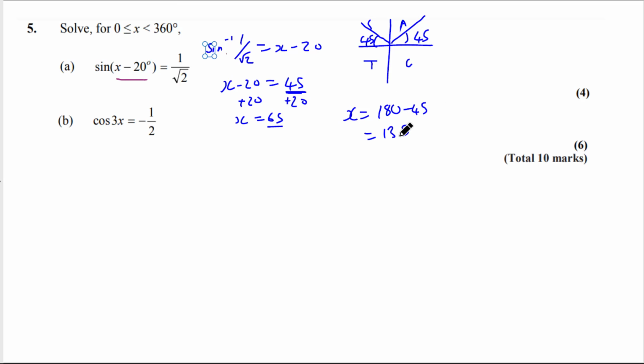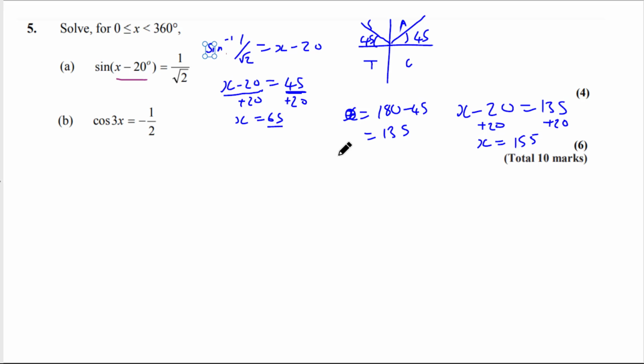But perhaps we shouldn't use x here, we should use, just say, theta, because then we can substitute in x minus 20 equals 135, because we're going to use this from before. So to solve that, we plus 20, so x equals 155, and those are the two solutions.